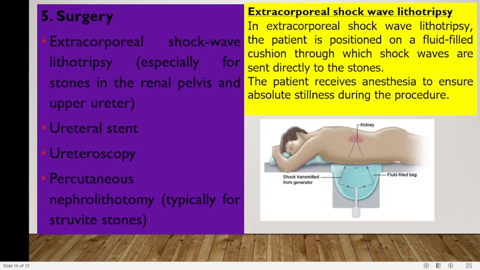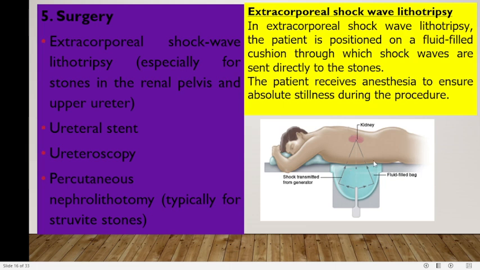From treatment, we go to surgery, and we are saying that we have various surgical interventions for patients with stones. Number 1, we have extracorporeal shockwave lithotripsy, especially for stones in the renal pelvis and upper ureter. This is how we normally position our patient. You can see?